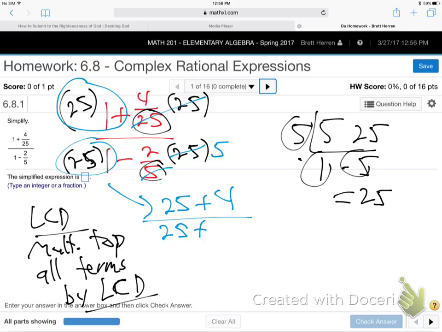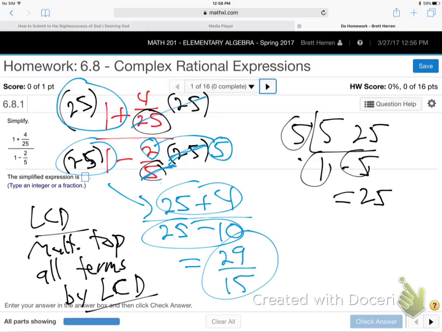Like always, whenever we have something under a bar, it cross cancels with what you put next to it or on top of it. And what's left over there? 2 times 5? Oh, it's supposed to be minus. Minus 10. Did everybody see that? You cross cancel, these are gone, and multiply the two things left over. So then what is that? 25 plus 4? 25 minus 10. Done. Much simpler, huh? We cleaned it up quite a bit, didn't we?